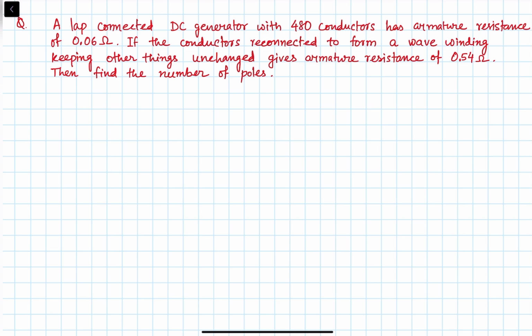Now, how do you calculate the number of conductors? We all know that the DC machine, or any machine, is normally in the shape of a cylinder.